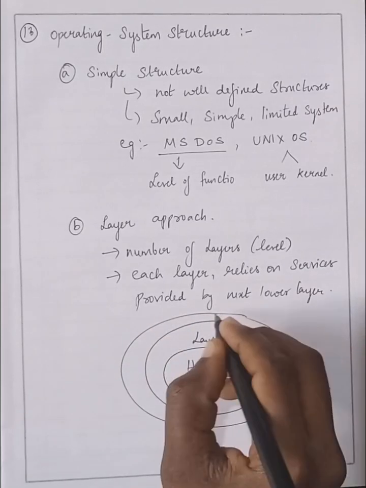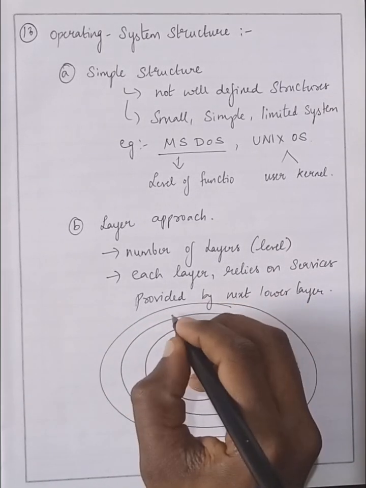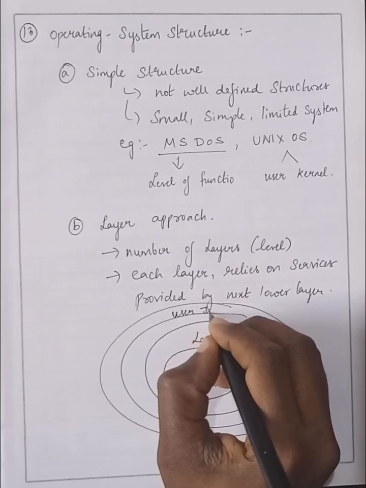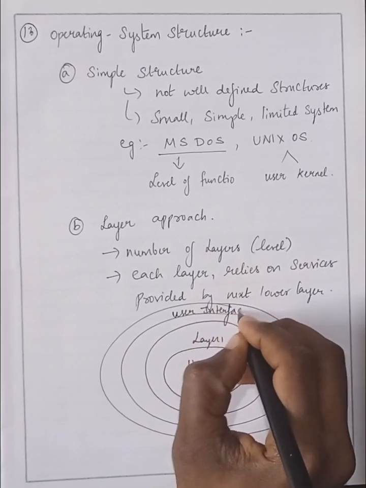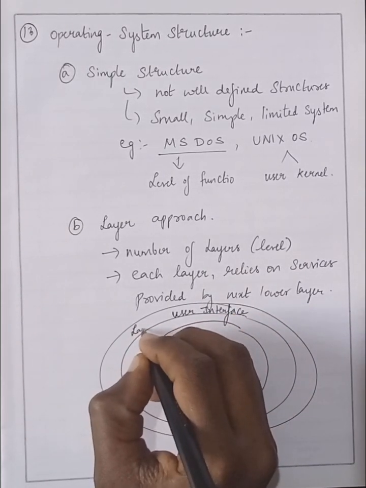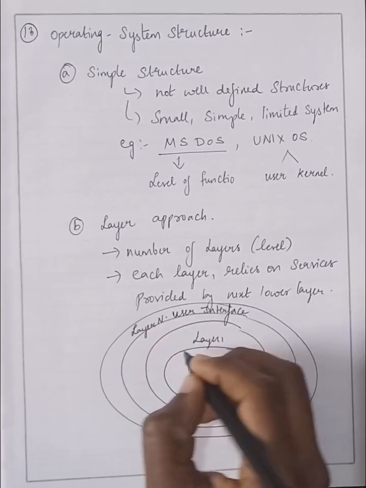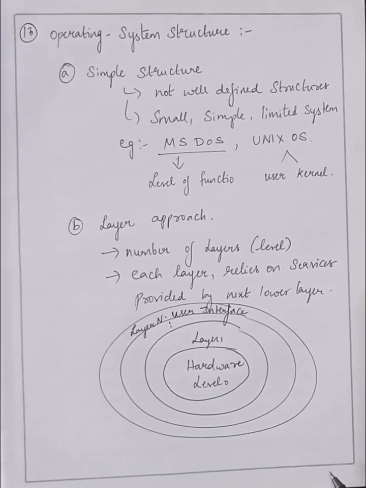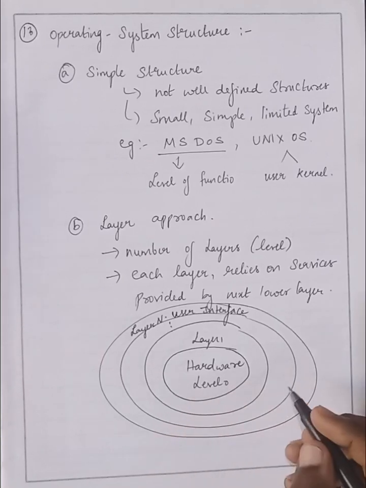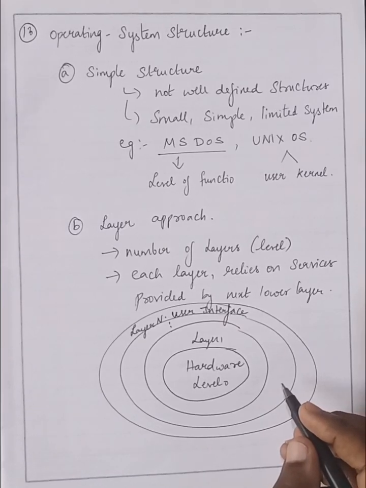They can have any number of layers, and the topmost layer is the user layer, that is the user interface. We can call this layer n. In the middle it can have many layers. This is the way they are designed as a layered approach. The layered approach has its own advantages as well as disadvantages.